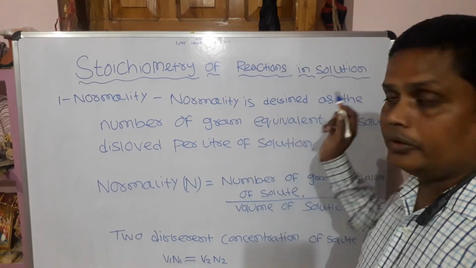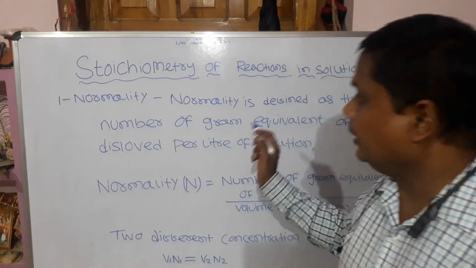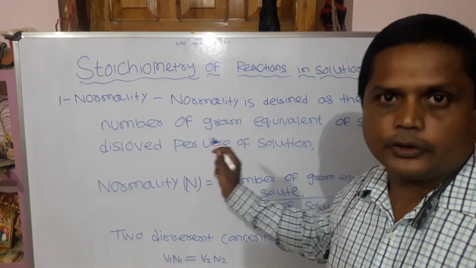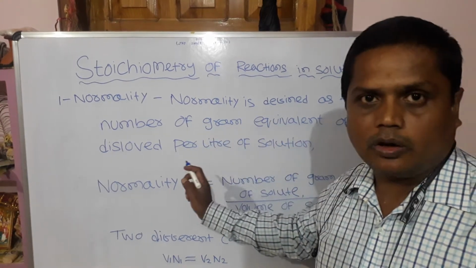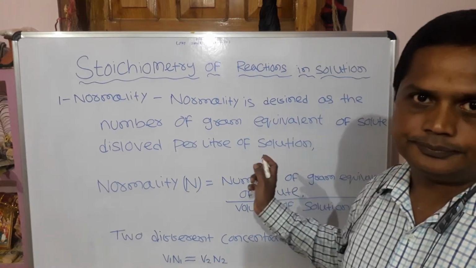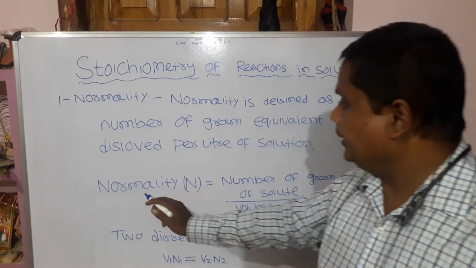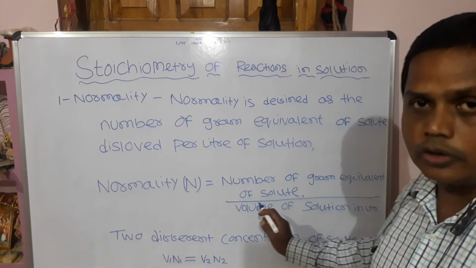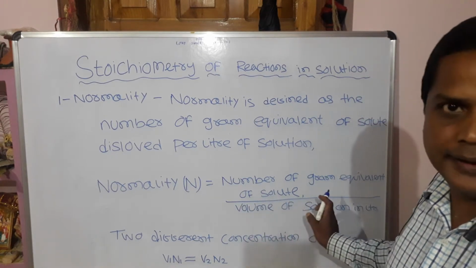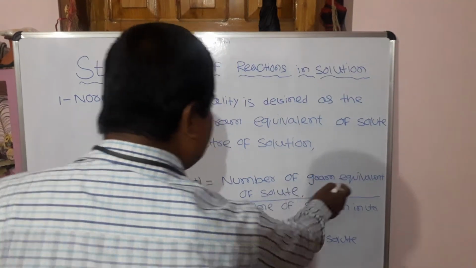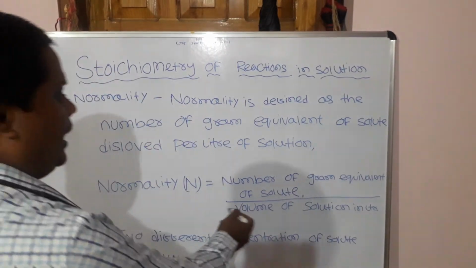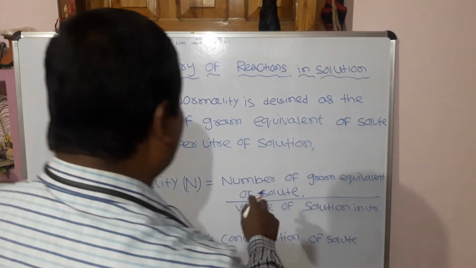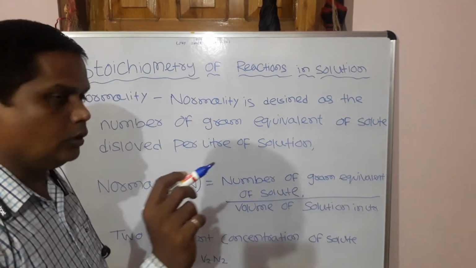Normality, capital N, equals the number of gram equivalents of solute divided by the volume of solution in liters.